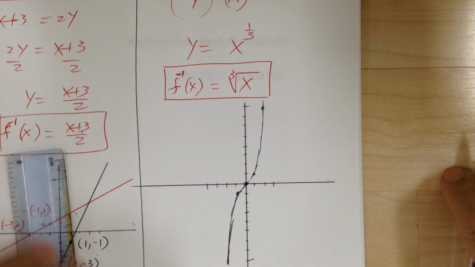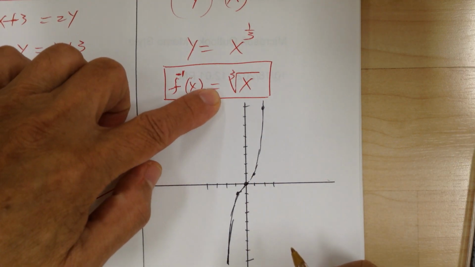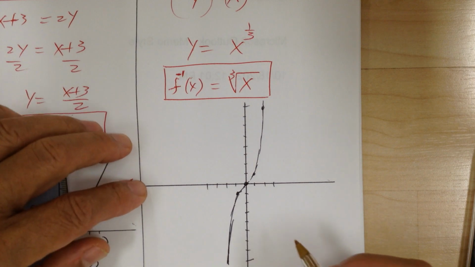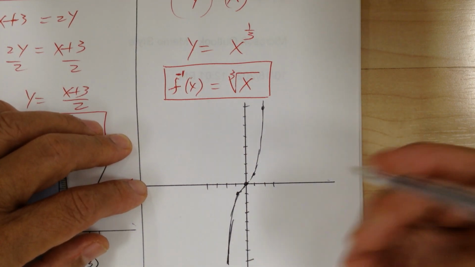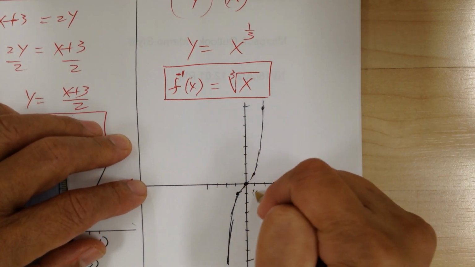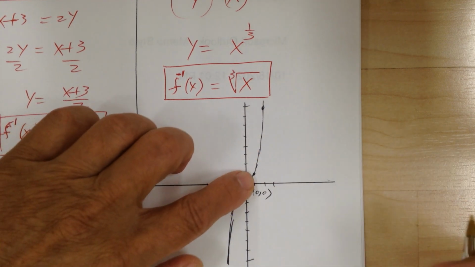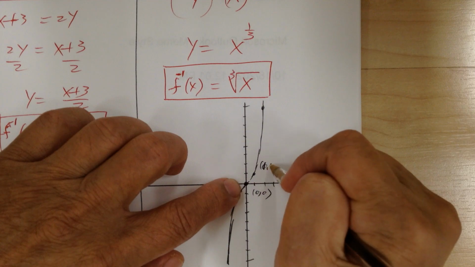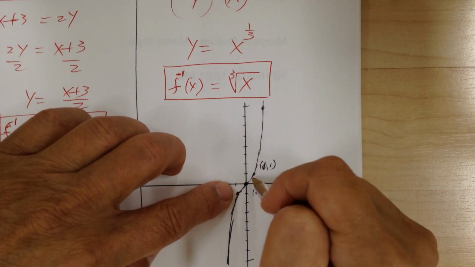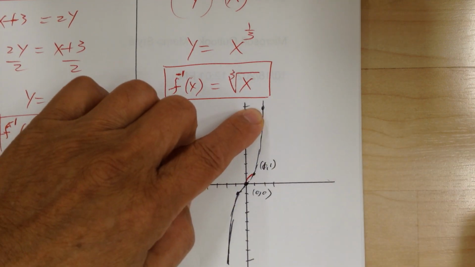Now, to do the inverse graph, all you do is switch x and y. So like this point over here, the 0, 0, when you switch, you still get 0, 0. 1, 1, when you switch, you're still going to get 1, 1. The difference is this one over here.